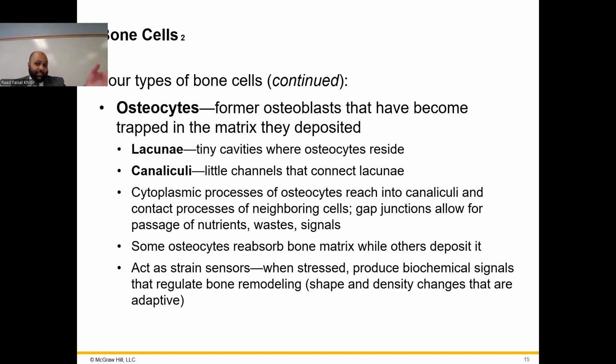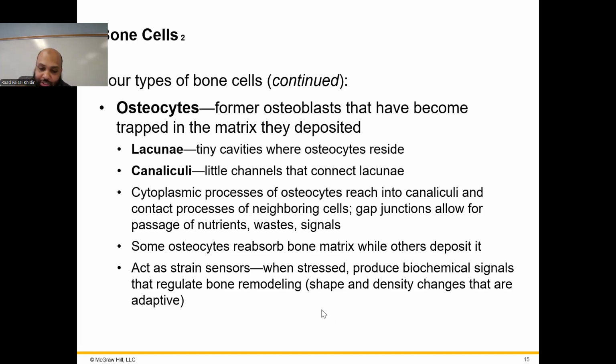Then for the osteocytes to get nutrition, there are little channels that connect the lacunae. The cytoplasmic processes of the osteocytes reach into the canaliculi and contact the processes of neighboring cells. There are gap junctions that allow for the passage of nutrients, waste, and signals.